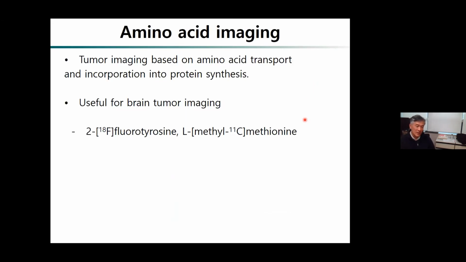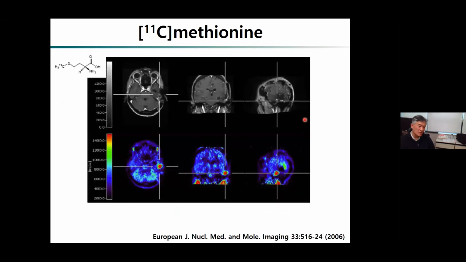So C11 methionine especially we use for brain tumors because FDG showed a high uptake in the brain. Then comparison imaging cannot be done in the brain tumor. So that's why C11 methionine is used as a brain tumor imaging agent.